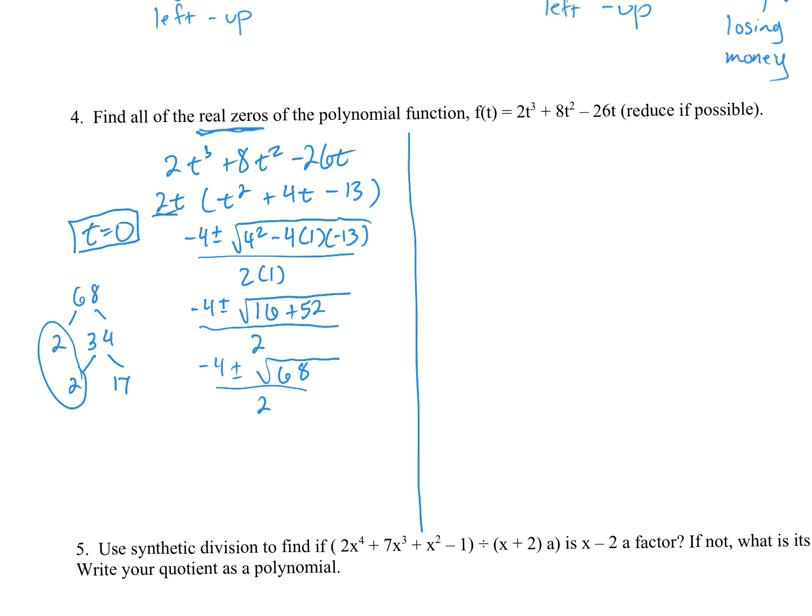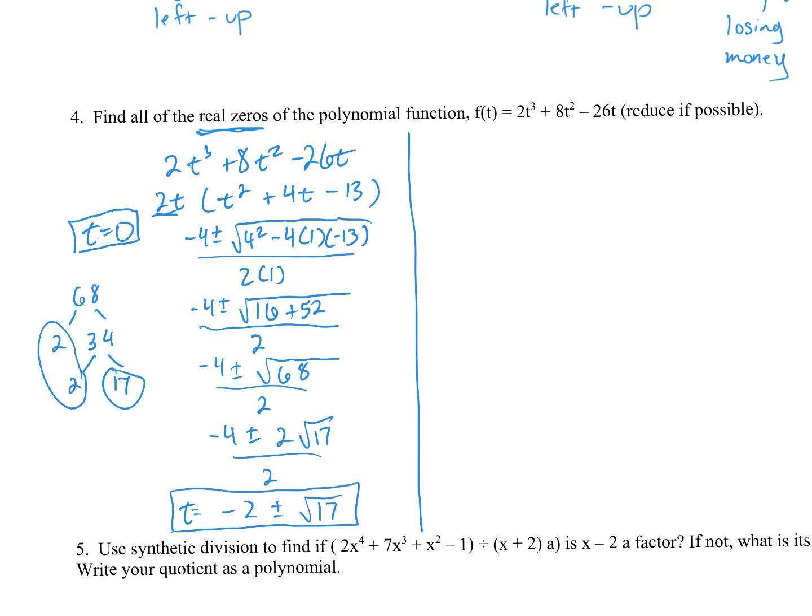Let me double check that. So 2, 2, and we're good. And so now to simplify, we got negative 4 plus or minus 2 root 17 over 2. So then that's negative 2 plus or minus root 17. And that will be the other zeros right there.